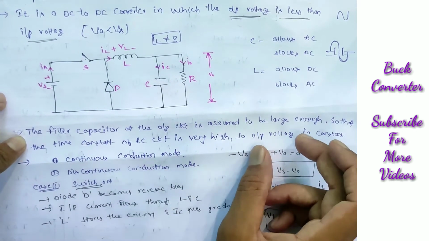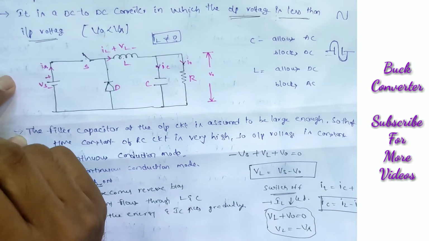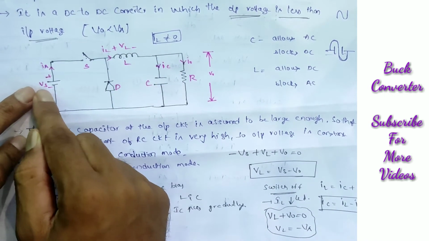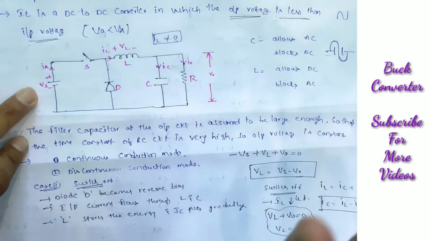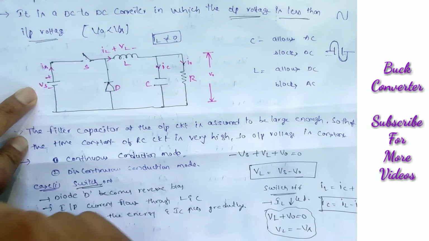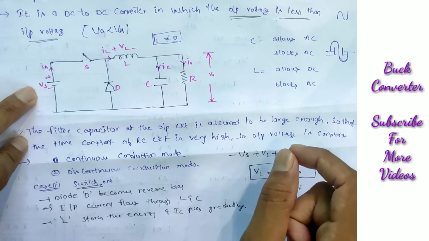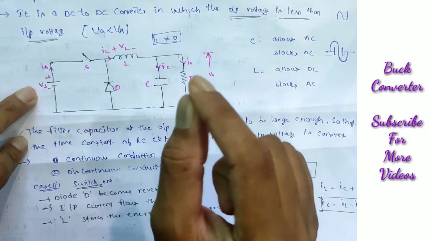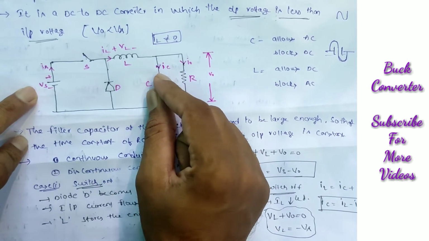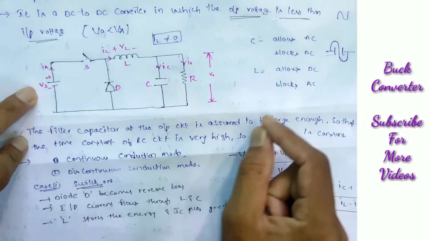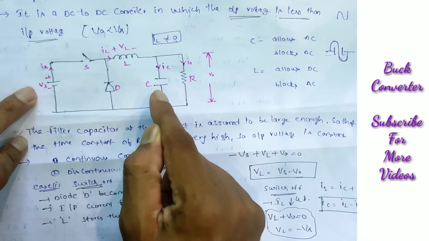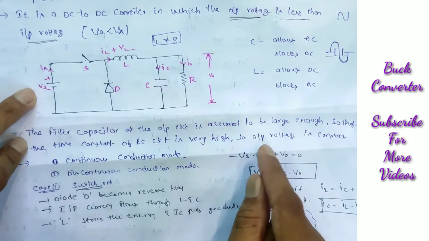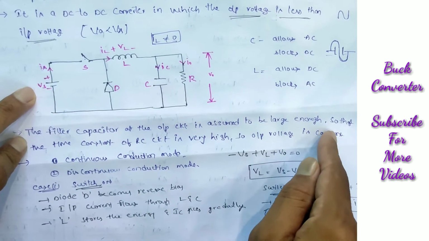A chopper is a converter or switch which converts fixed DC to variable DC. To obtain a constant output voltage, we assume the capacitance value to be large enough, so that the time constant of the RC circuit is high and we get a constant output voltage.